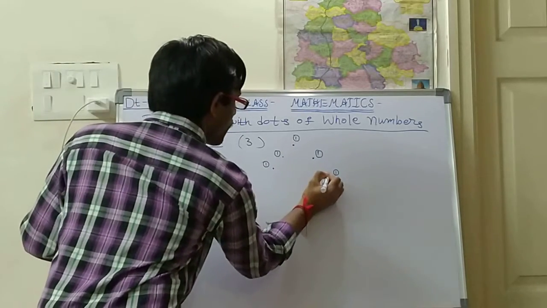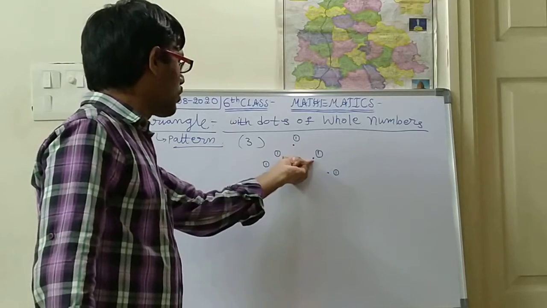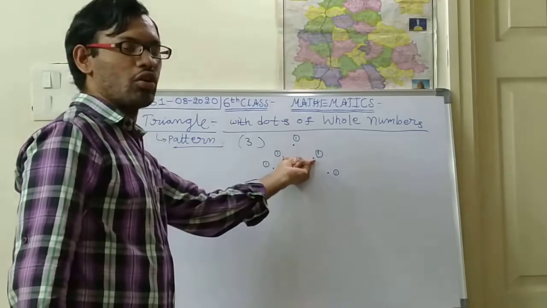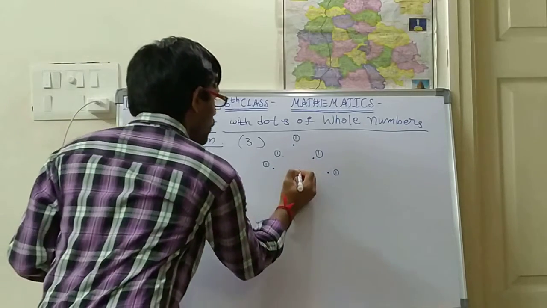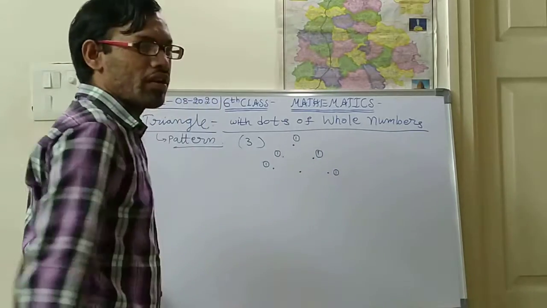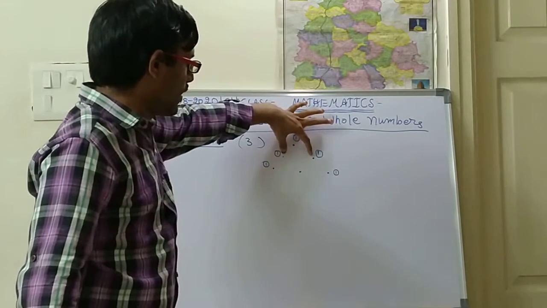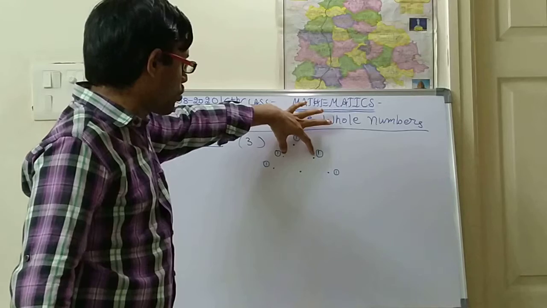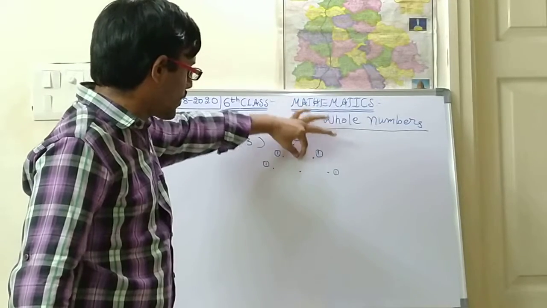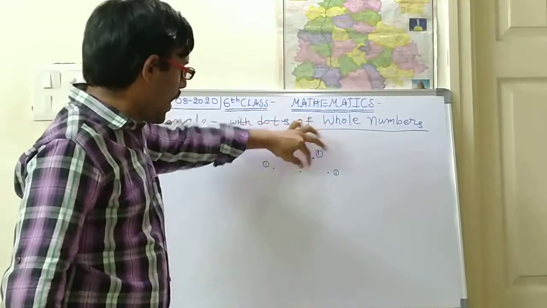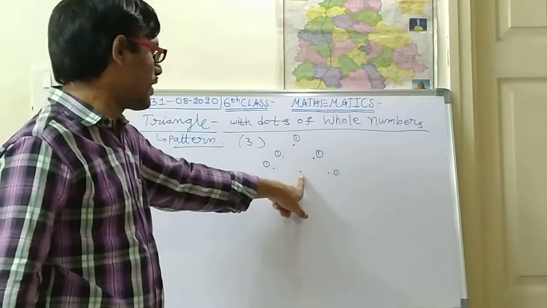Okay, next now in between two dots you keep another dot. So if in the previous line there are two dots, take the center of those two dots, and in the next line you keep a dot at the middle of that line.